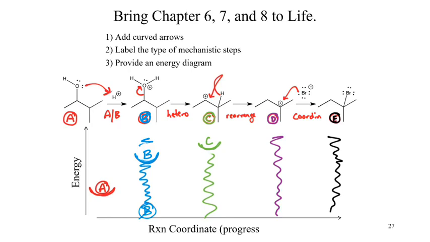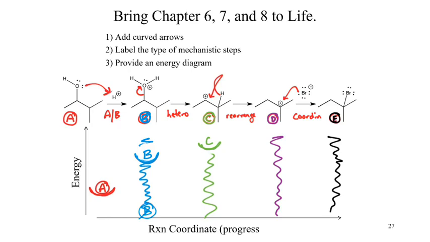How about D? One of the questions that may have popped up in those earlier sequences would be C versus D. Why on earth should we rearrange? That question may not have popped up because you're like, well, I just have to do it because that's what's being shown. But why should it happen? Why should we do this rearrangement? The energy diagram will actually help us answer that question. Where should I place the energy of D?